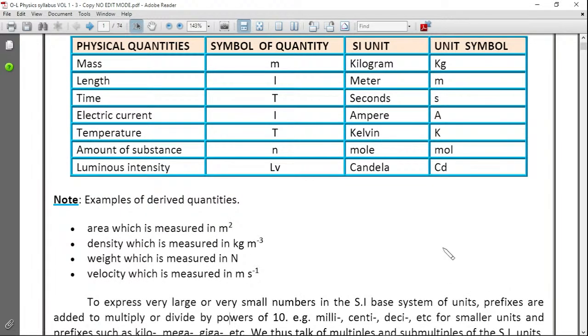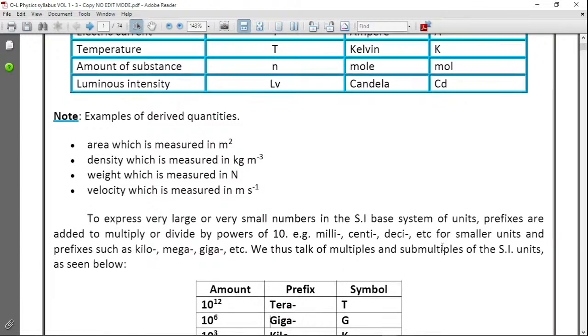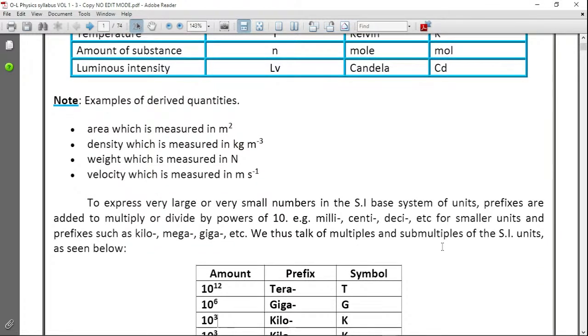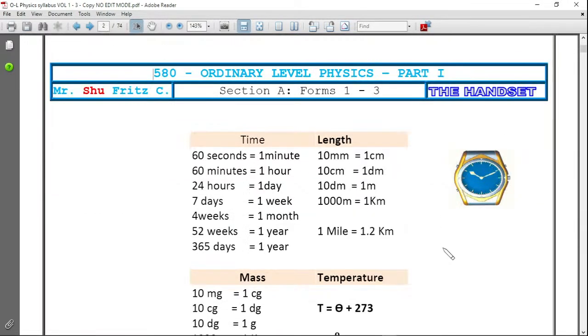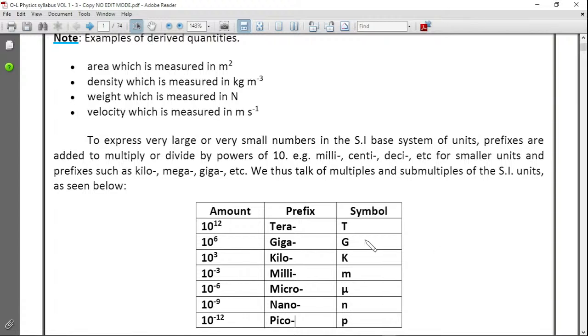One other important thing we have to understand in calculations is the prefixes used for numbers. 10 to the power 12 is tera, giga, like the gigabyte we talk about all the time, is 10 to the power 9, kilo is 10 to the power 3, milli is 10 to the power minus 3, micro is 10 to the power minus 6, like microcoulombs, nano is 10 to the power minus 9, and pico is 10 to the power minus 12.